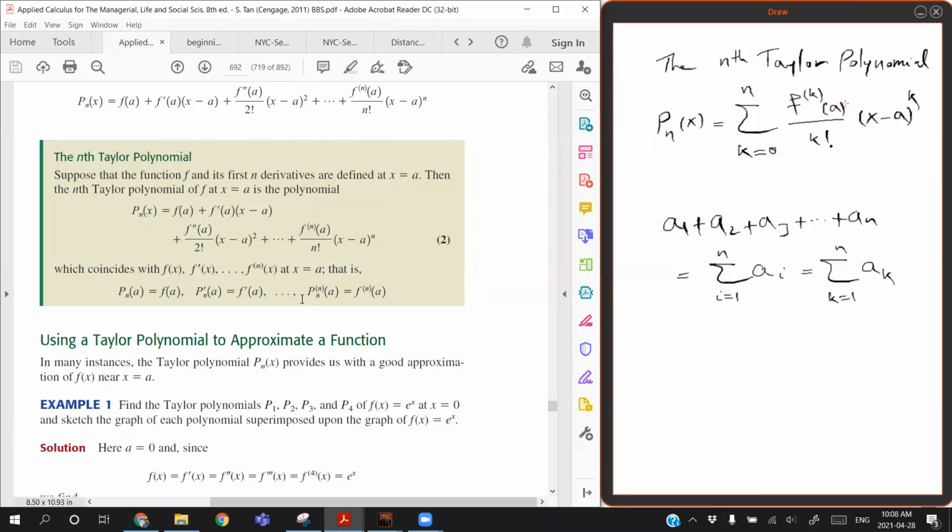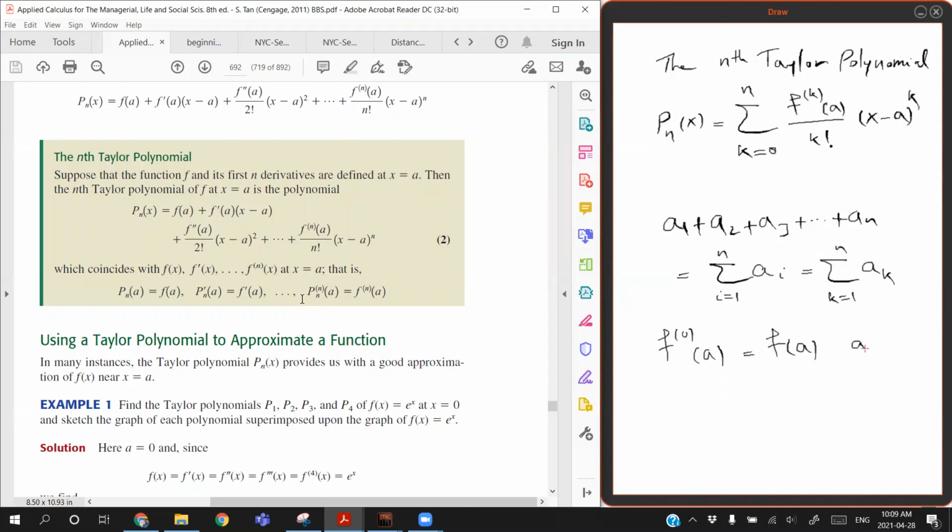This one here is the derivative of the function. It's the first, the second, the third derivative. The first term, when k is 0, you're going to get f^(0)(a), and by f^(0)(a), we simply mean f of a. So that's the original function you're dealing with.